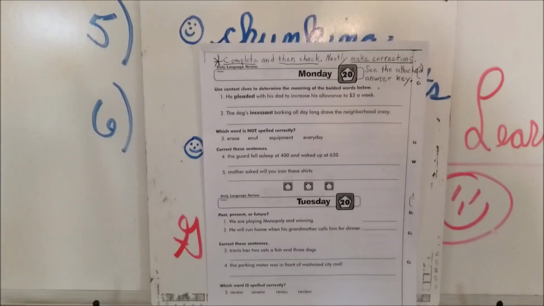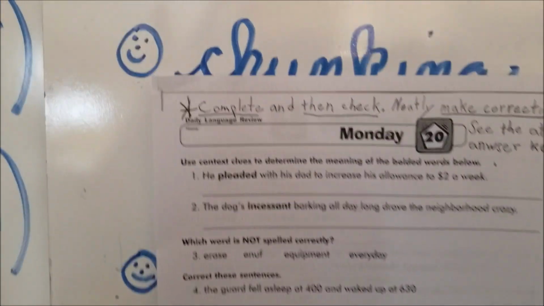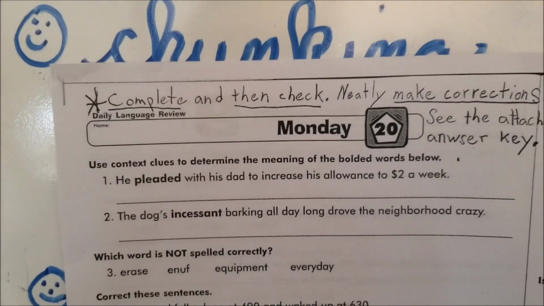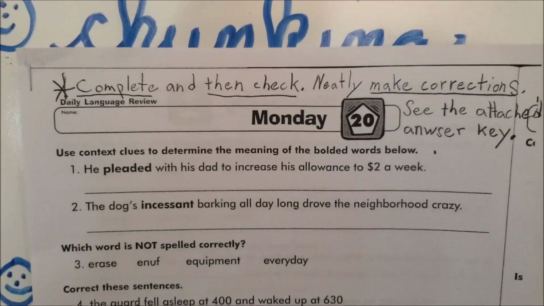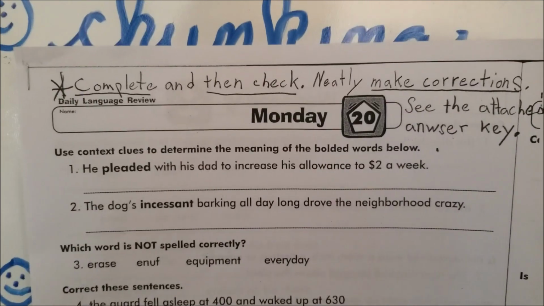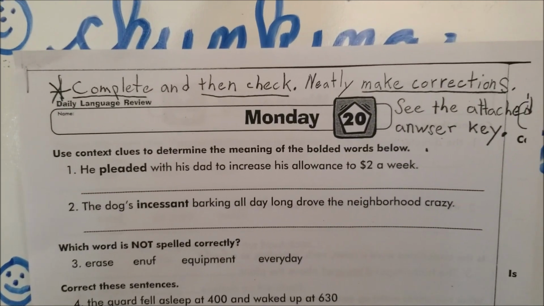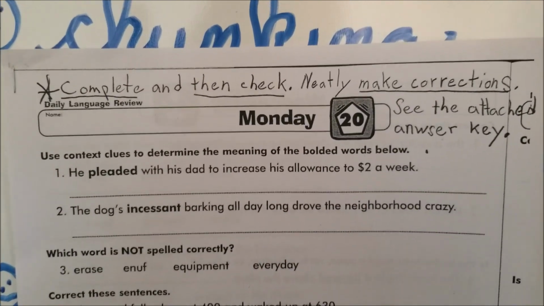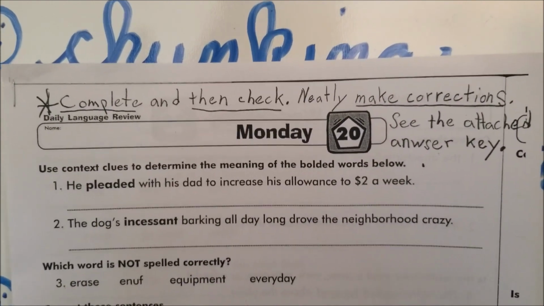No explanation needs to be given. Please complete and then check and really see if you can remember what you made, why you made the mistake, if you made a mistake. And if you don't know, ask your mom and dad, your big brother or sister, or have mom and dad send me an email, give me a phone call, and I'll talk to you or your mom and dad.